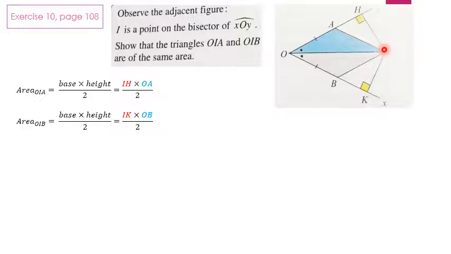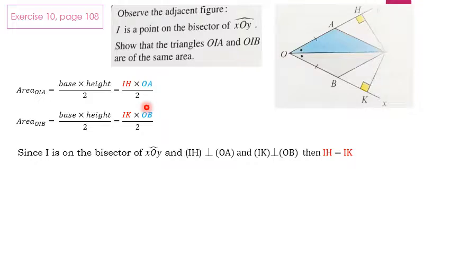IH equals IK. Why? Since I is the point on the bisector, and any point on the bisector is equidistant from the two sides of the angle. This means that IH equals IK. And given that OA equals OB, this means that they have the same area.